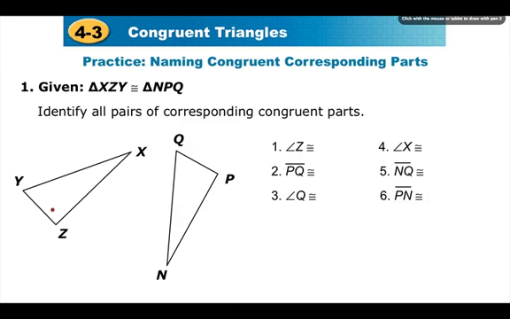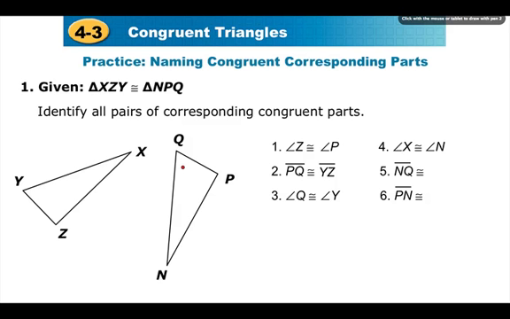So this is angle Z. In this triangle, angle Z is congruent to angle P. For number 2, PQ, here's PQ. PQ is congruent to which side in this other triangle? YZ.